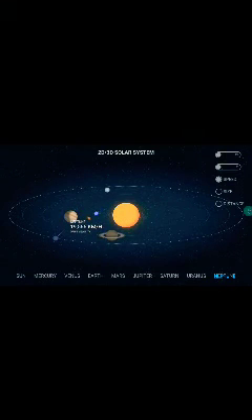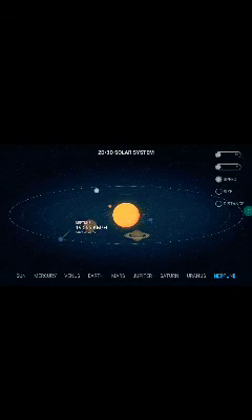And now we have to study the dwarf planet. So what is a dwarf planet? A small sized celestial body that revolves independently around the sun is called a dwarf planet.